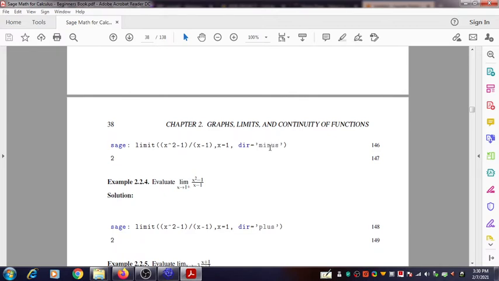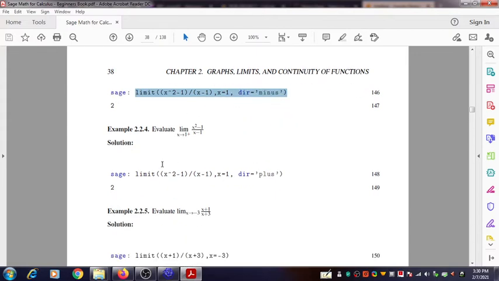So don't worry about closing the quotation. If you try to close it, there is a chance of error, because you may get two quotation marks there, so that should be avoided. Inside the quotation, you type minus.